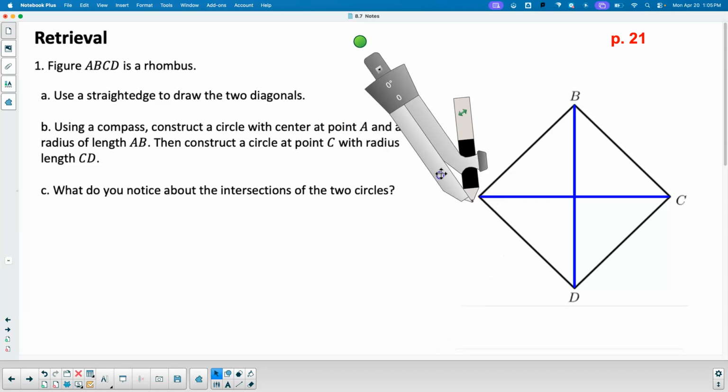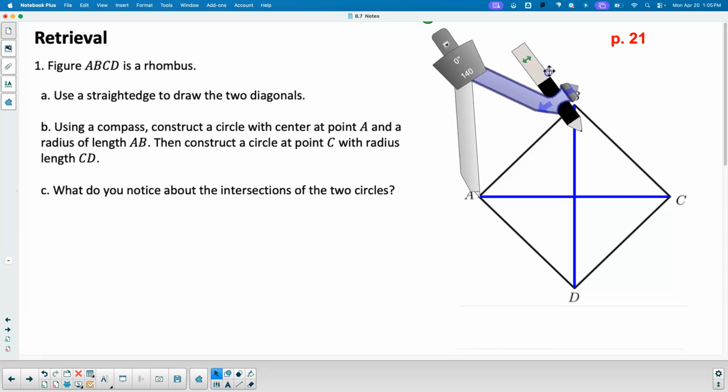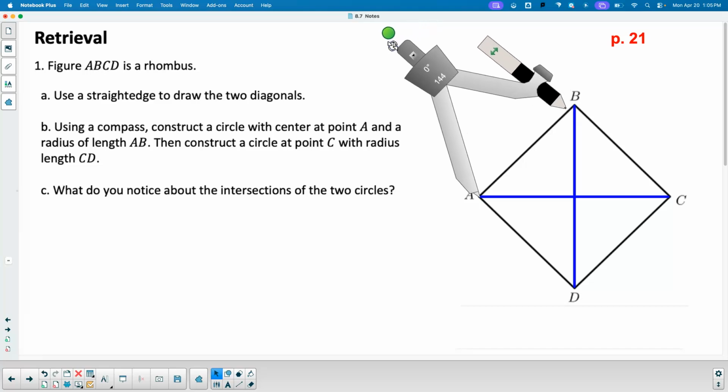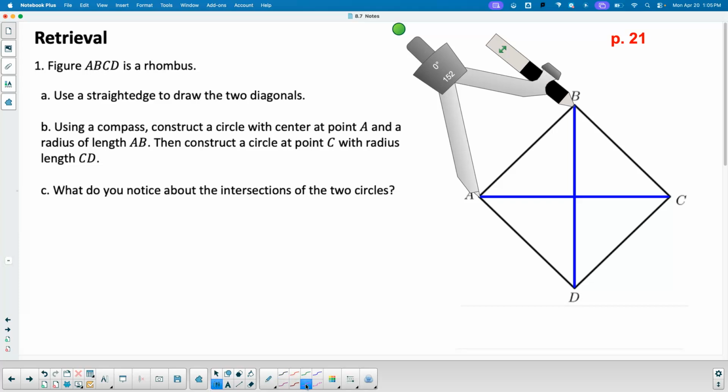Okay, so pointy end at A, extend it out to B. Okay, and then draw your circle.